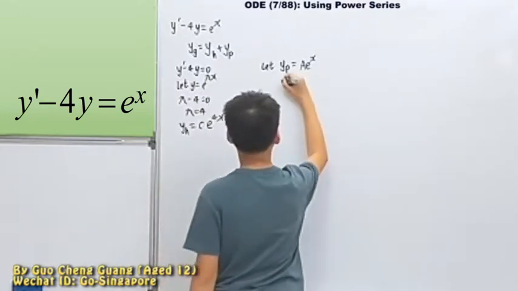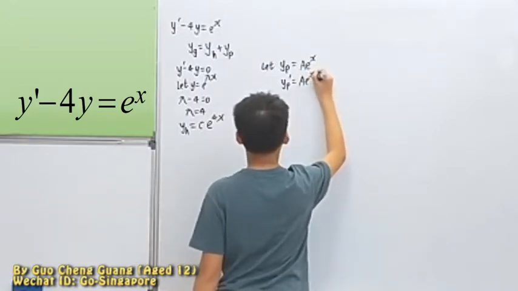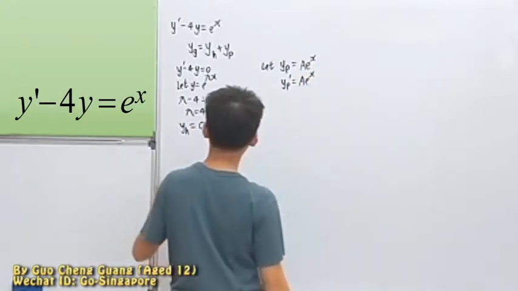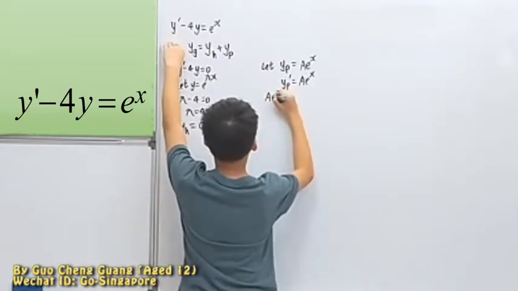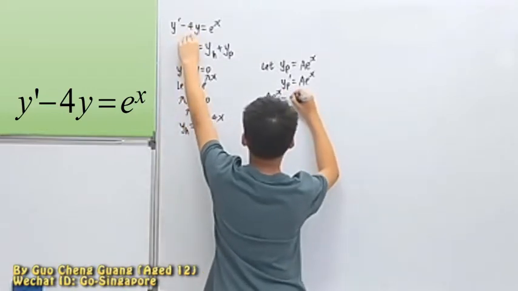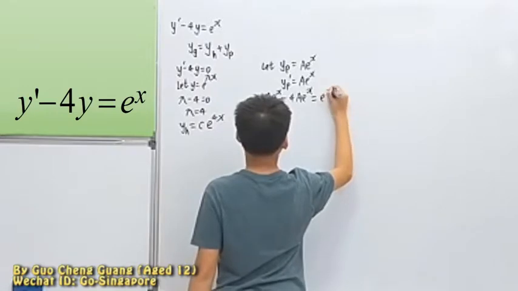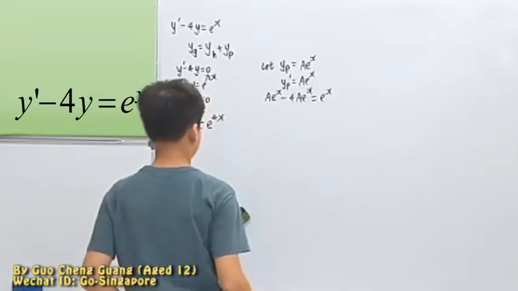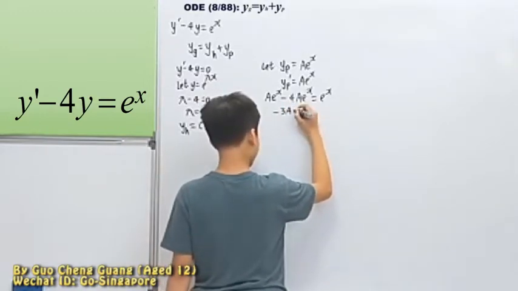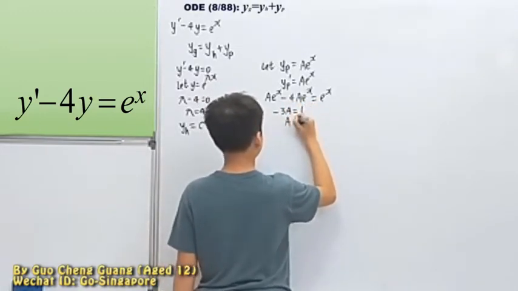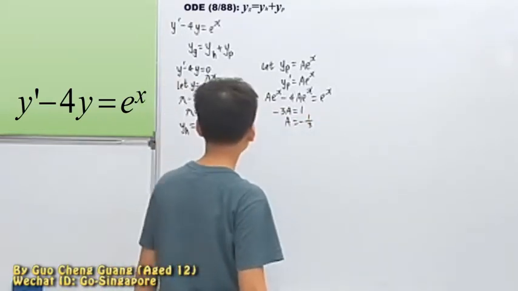Next, first derivative, still the same. So let's put them inside here. This a e to the power of x minus 4a e to the power of x. Now this is very simple. So that means negative 3a would be 1. So a is basically negative 1 over 3.